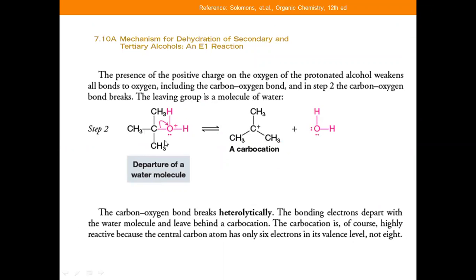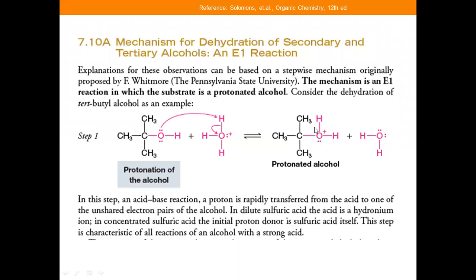In step 2, you have your protonated alcohol, and the electron pairs of the alcohol will abstract a proton from our acid, the H3O+. This is our acid. Of course, when you have sulfuric acid, it dissociates in water to form its anion and its proton, where the proton H is solvated with water.